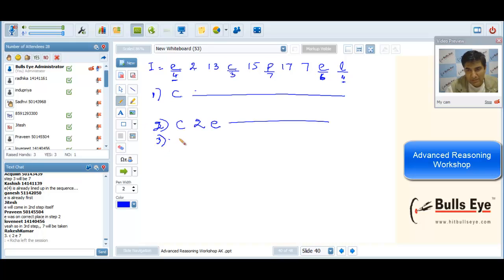In the third step, we should have C, 2, E, 7, and the rest as it is.